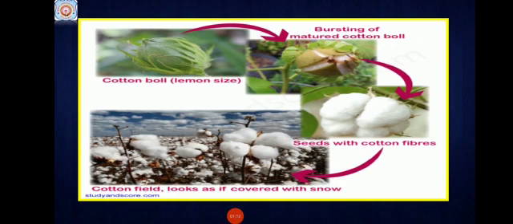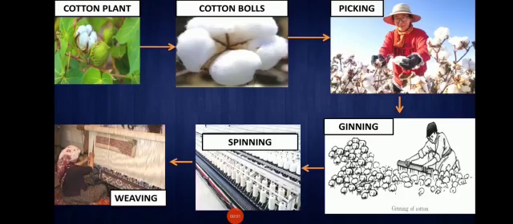Once the cotton balls are mature, they burst and open. Then we can observe the seeds with the cotton fibers. After that, the seeds with the cotton fibers are picked, meaning removed from the cotton balls by hand.